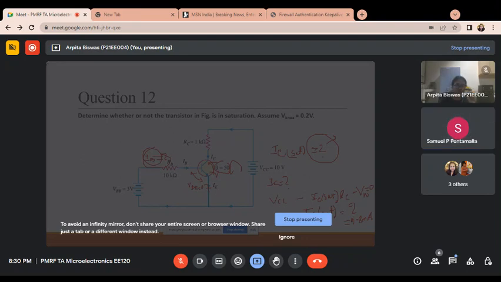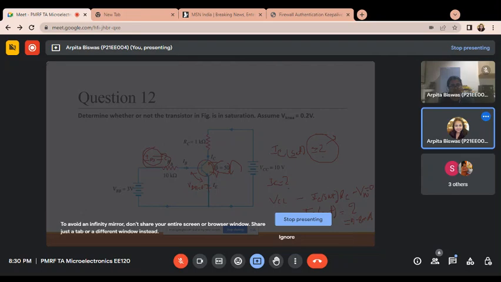Just put this: 10 volts minus IC saturation into RC minus VCE equals 0. From this first loop, we are getting 10 minus 1 kilo ohm into IC saturation minus the knee voltage, which is 0.2. From there we can calculate that IC saturation is 9.8 milliampere.